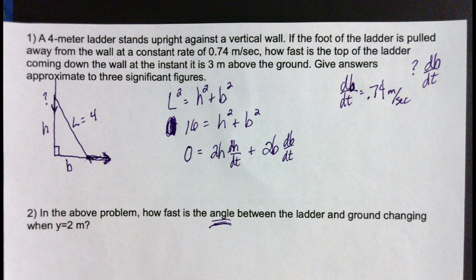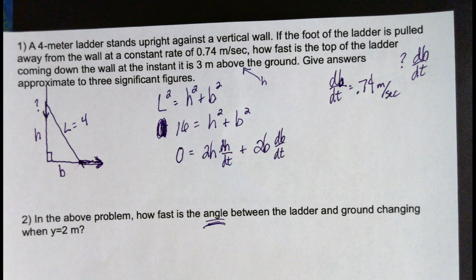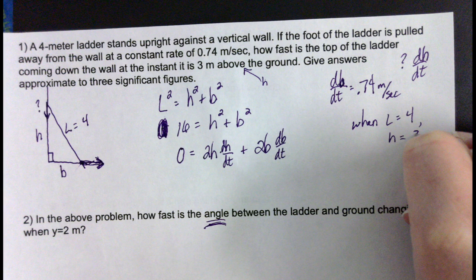0 equals 2 times 3 times dH/dt, plus, no, that's dB/dt. It really is nice to rewrite it, because then the 2's can cancel. The dB/dt is going to be the 0.74.